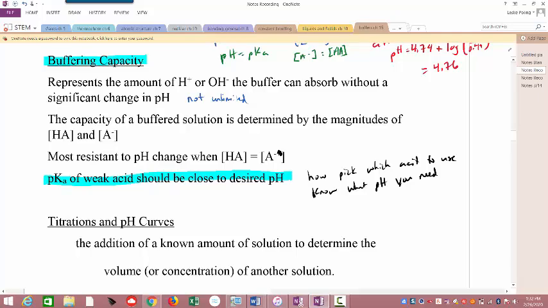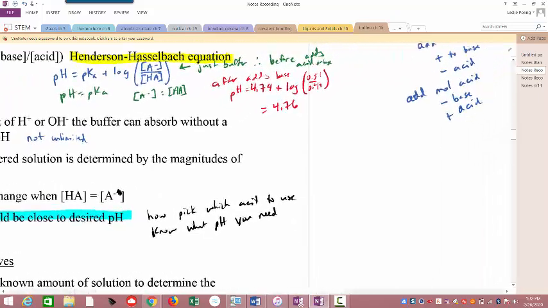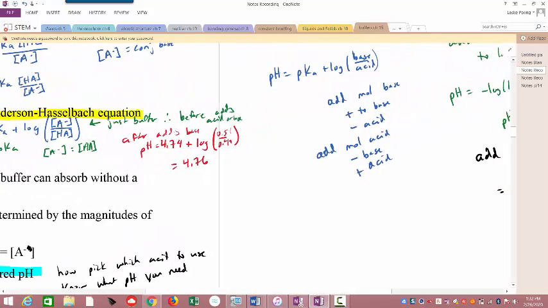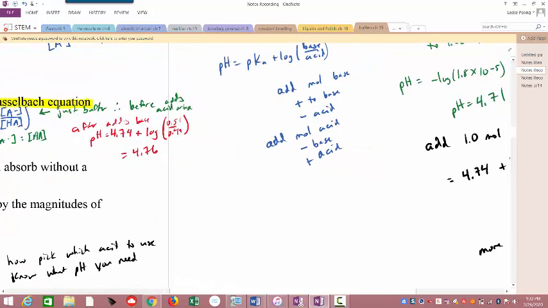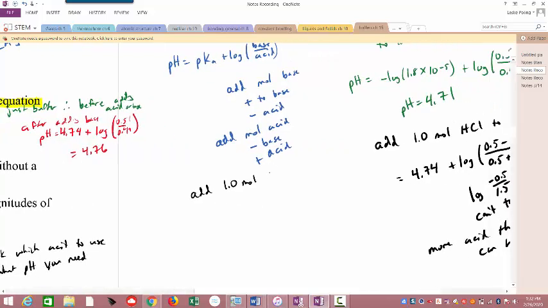Okay, let's do another one of exceeding the buffering capacity. So let's say we add 1 mole of NaOH to our 1 liter buffer.